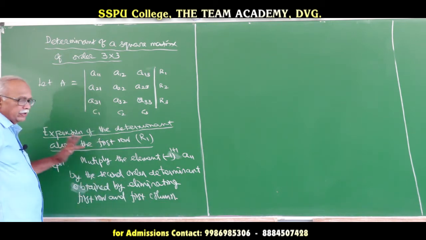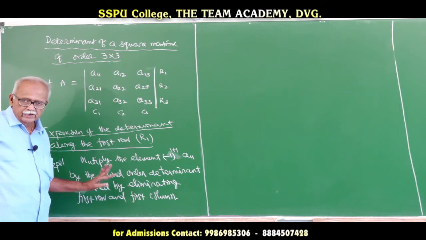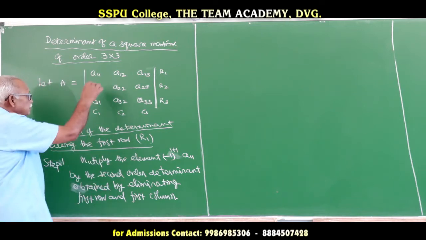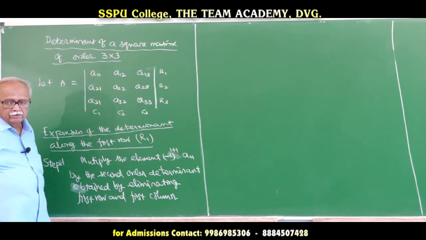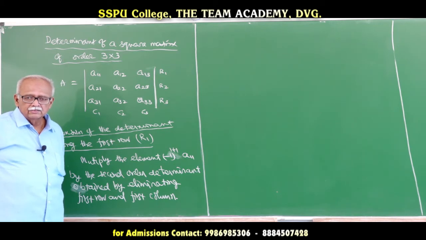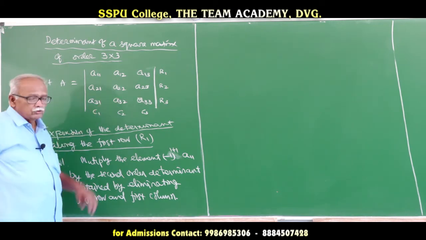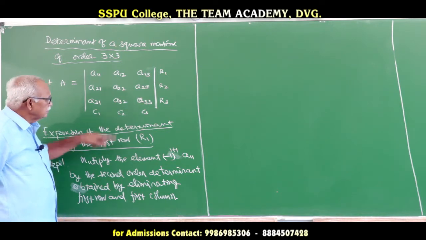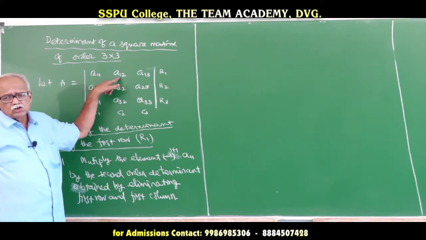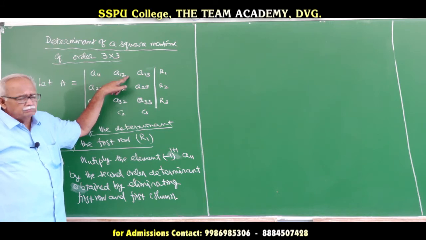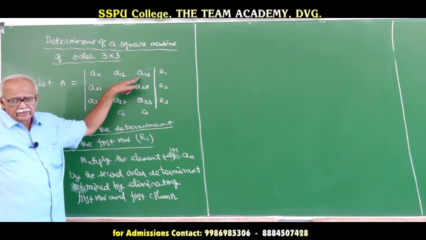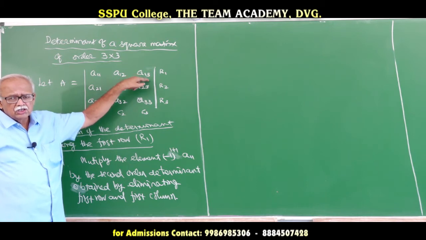Okay, before explaining this multiplication, let us take A11. What does A11 indicate? The element in the first row, first column. A12 indicates the element in the first row, second column. A13 means first row and third column.